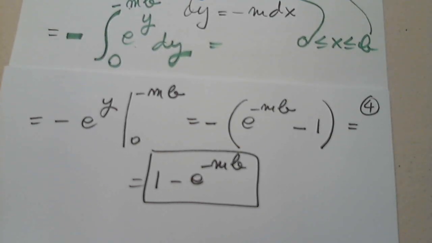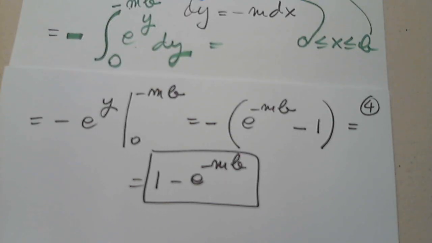Any questions on this problem? Okay, let's look at others. Maybe we want to look at a square root situation. Maybe we want to look at something like this. I would like to look at 63.